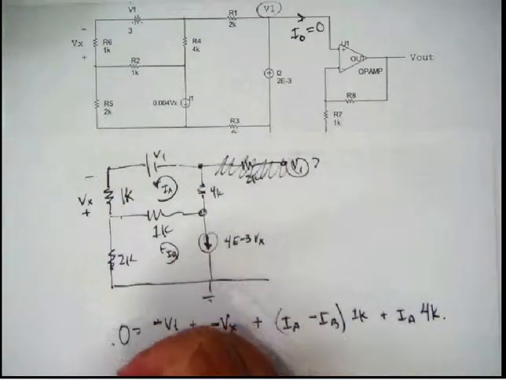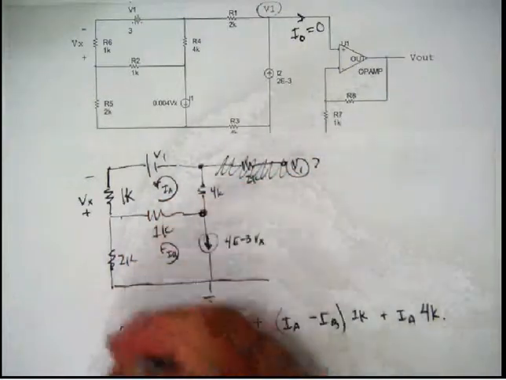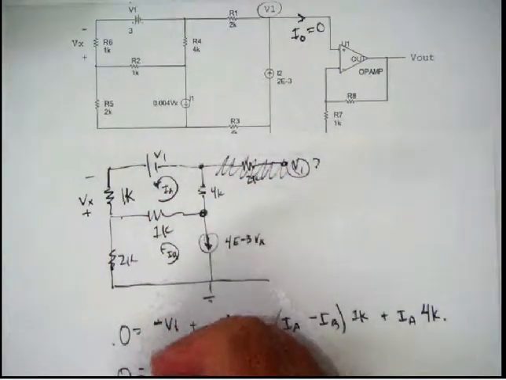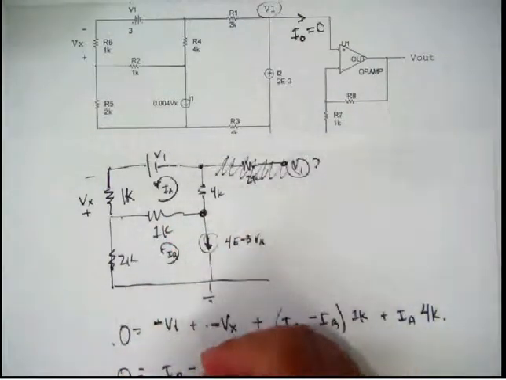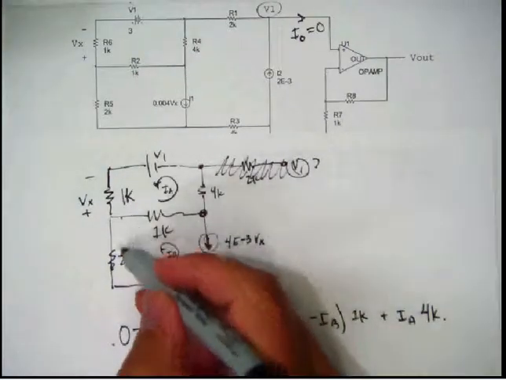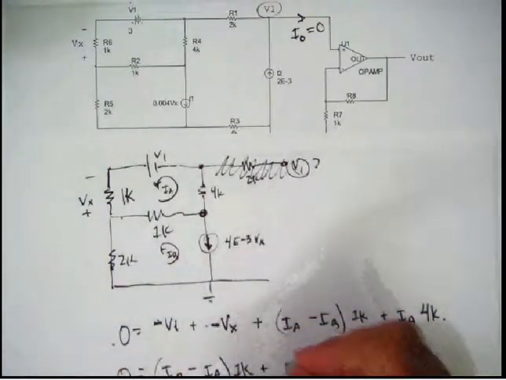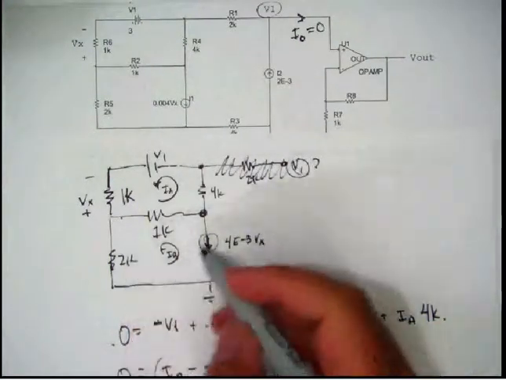The second loop gives us, let's start here, so we go in this direction. We get a drop which is IB minus the current opposing it, which is IA, times the resistor, 1K. Then we go through here. There's just one current there, which is IB times the 2K for the resistor.